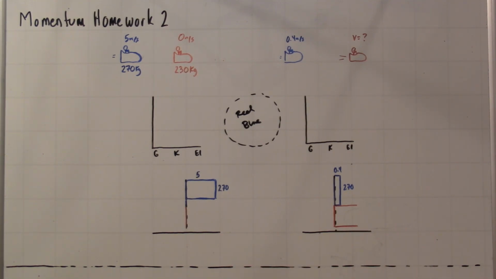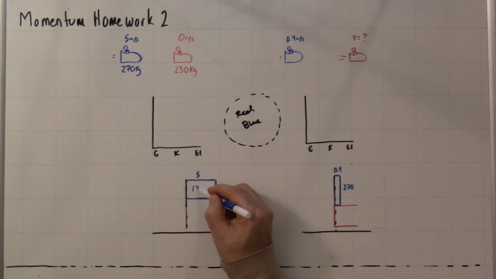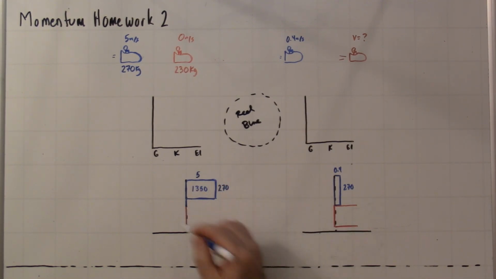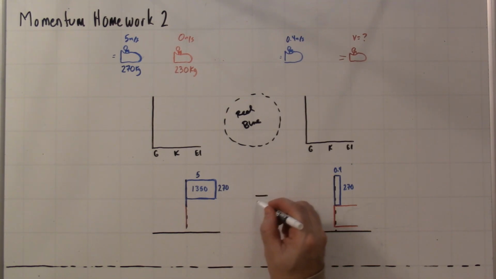So let's do a little quick math and see if we can figure out what it is. I have 270 times 5 meters per second. So it's 1350. So the total momentum here is 1350. That's the total on this side, which means that since you have 1350 on one side, you need 1350 on the other side.